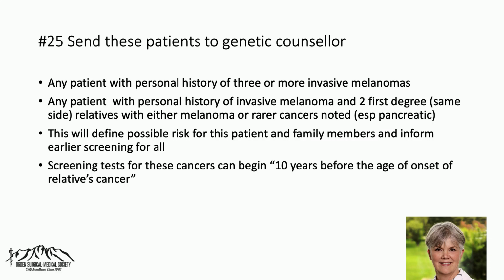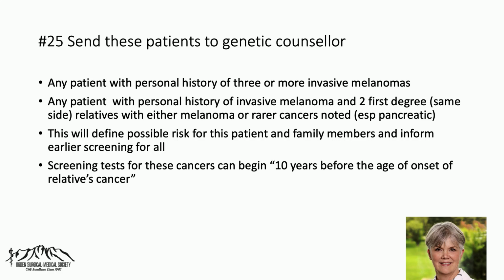And they tend to get them earlier in life, and they tend to be multiple. So that's the mark of a genetic risk. And so you send anybody with a history of 3 or more invasive melanomas, or even just 1 invasive melanoma, but 2 first-degree relatives on the same side of the family who have also had invasive melanoma, or one of these other cancers that we talked about. The one I always ask about is pancreatic.